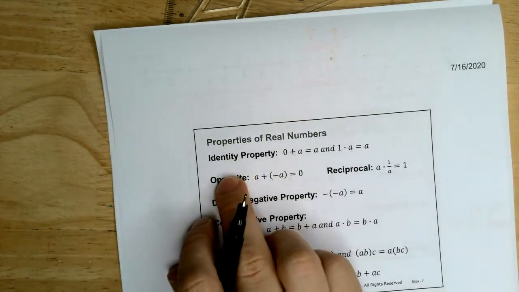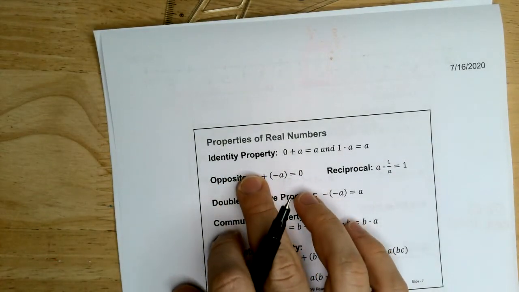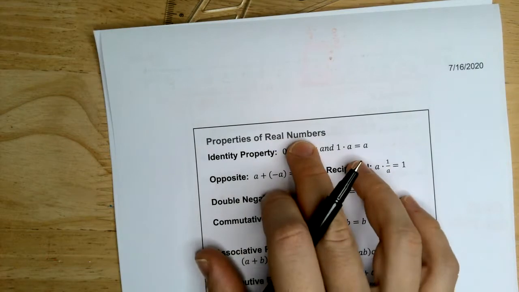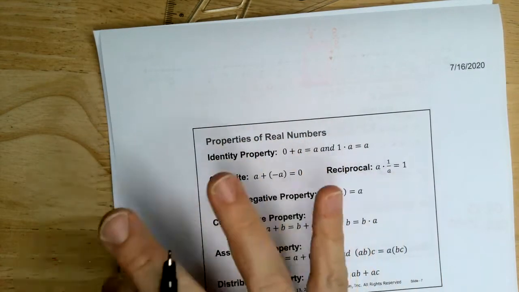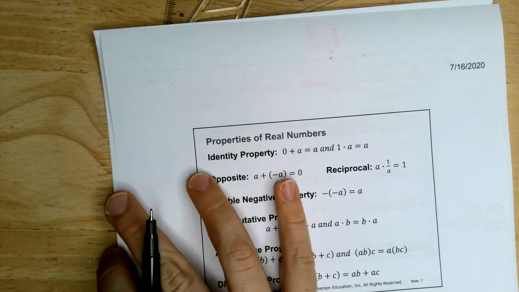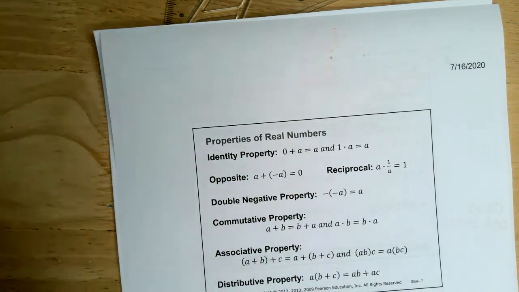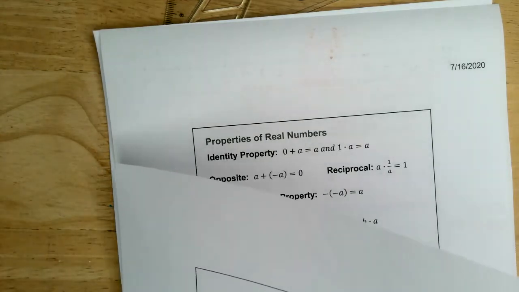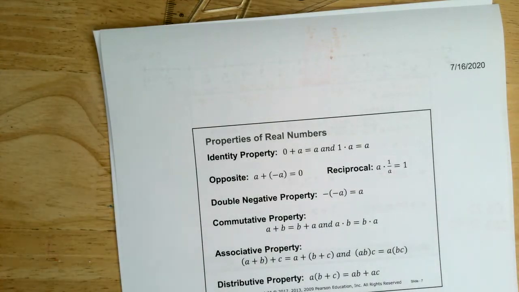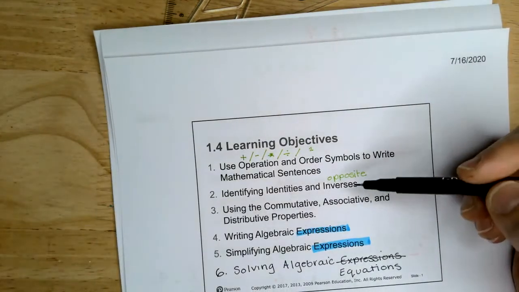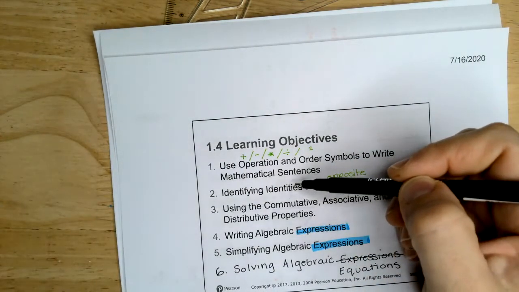All right, the identity property, these are properties of real numbers. Remember, real numbers are any number you can imagine on the number line. And in the very first slide, I said identifying identities and inverses.